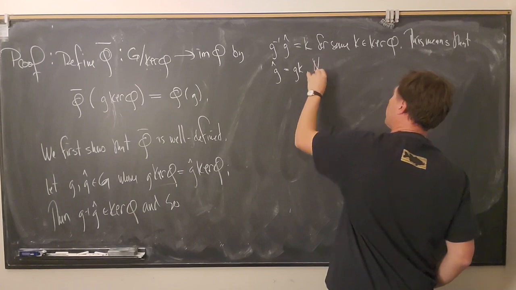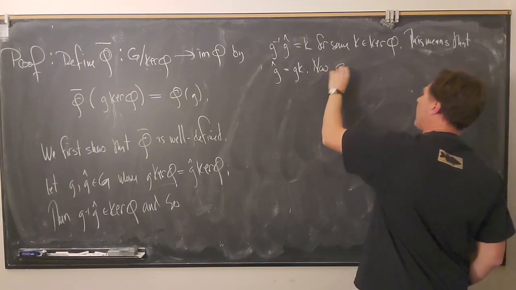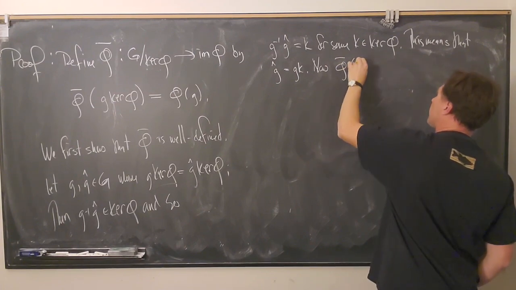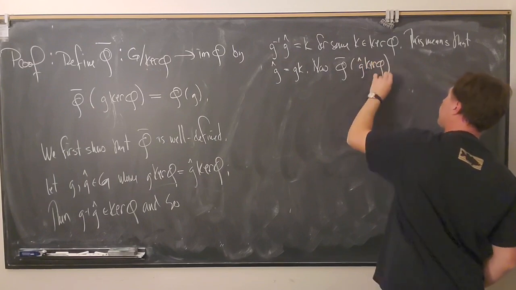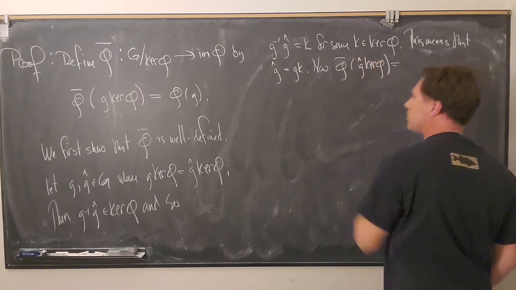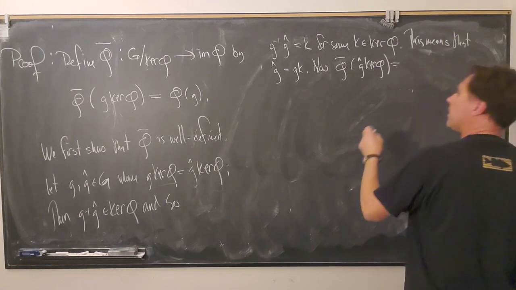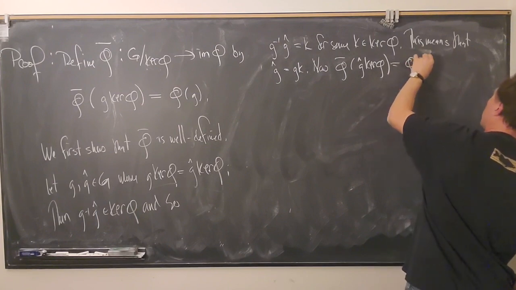So now let's look at phi bar of g hat times kernel of phi. The formula tells us that this is equal to phi of g hat.